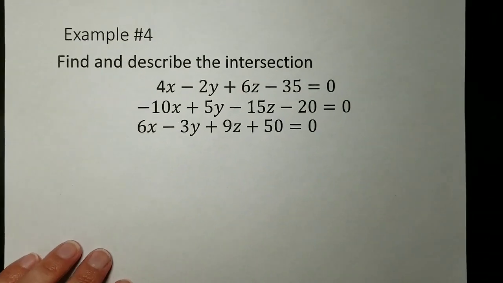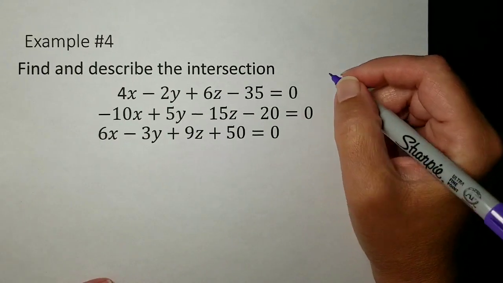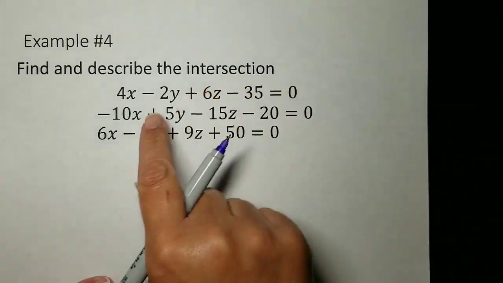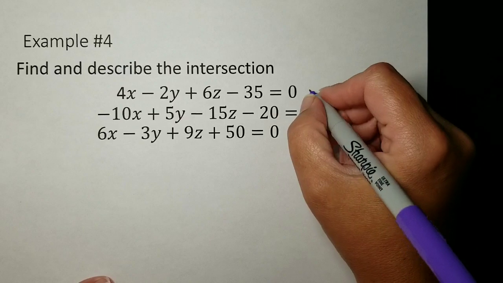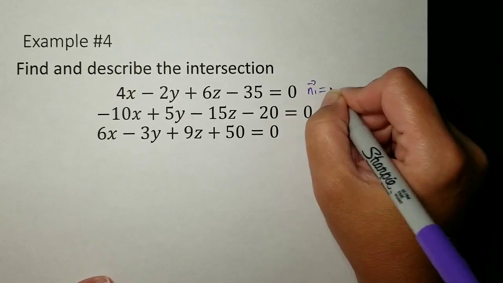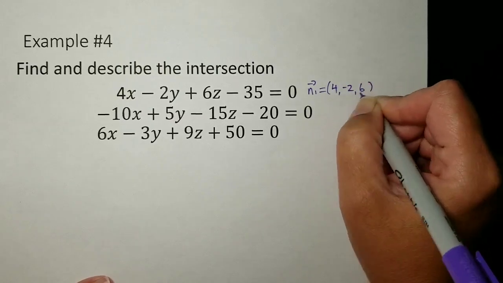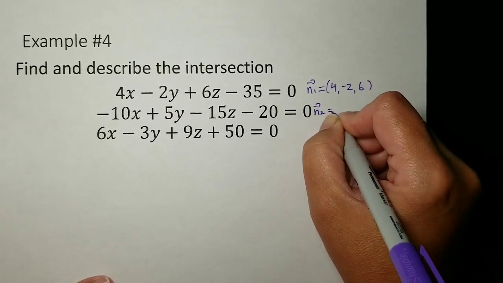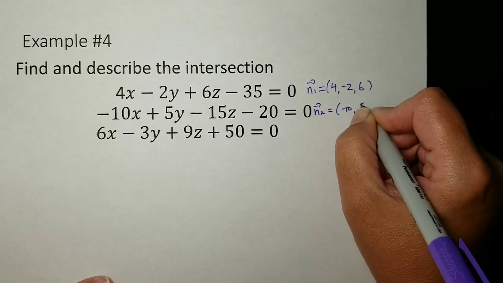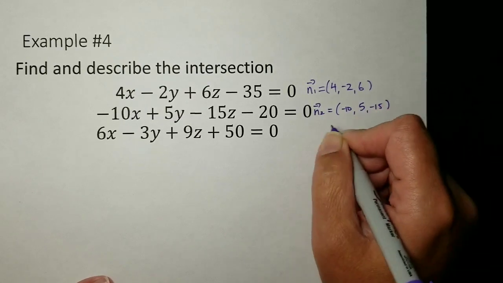Last example for this lesson. Again, always writing out your normals. Find the intersection of these 3 planes. So N1 is going to be 4, negative 2, 6. N2 is negative 10, 5, negative 15.